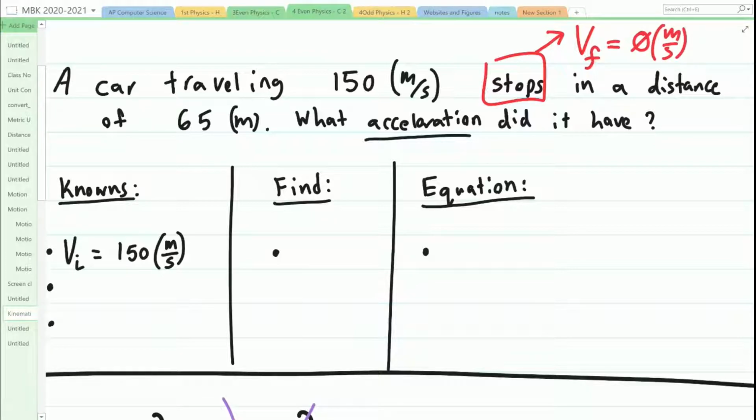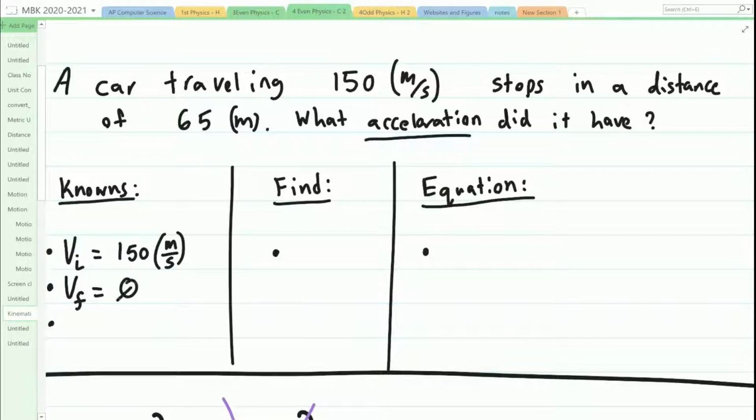Even though the number's not in the problem, the fact that it says it's going to stop after a certain distance or in a certain amount of time, whatever the question may be, tells us our final velocity is 0. So I'm going to put that down here: v sub f is equal to 0 meters per second.